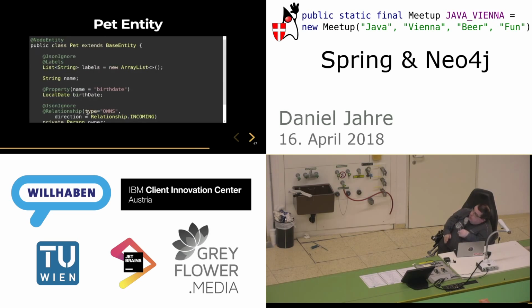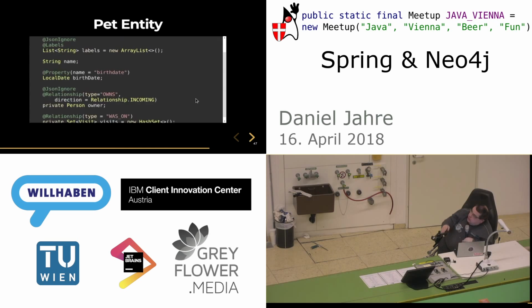And what I can also do is define the direction of the relation. So I have a person owning a pet, and the pet has an owner. This is the other direction, so it is the type incoming.